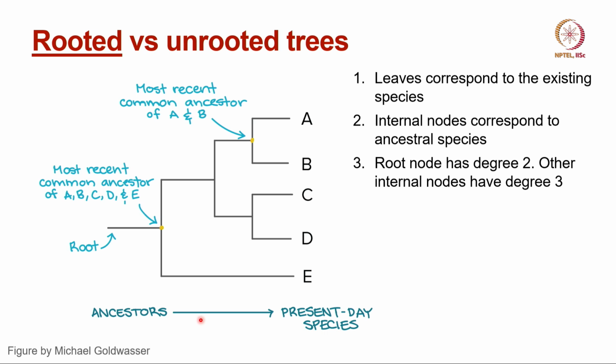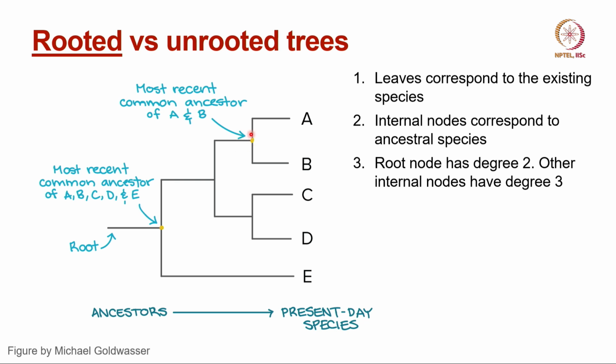There are two types of phylogenetic trees. One is rooted and second is unrooted tree. As the name suggests, in a rooted tree you have a root. Let us say you have 5 present day species, A, B, C, D and E. The internal nodes of this tree represent the ancestors.